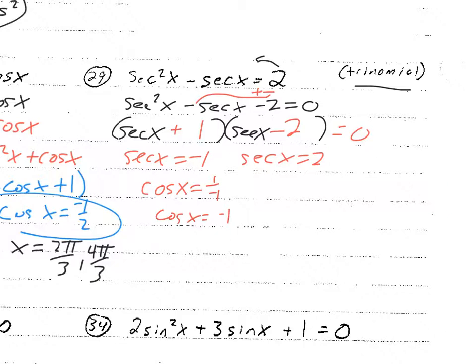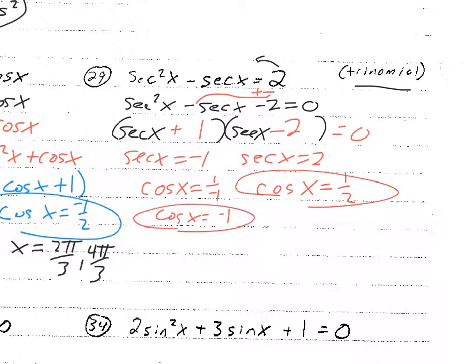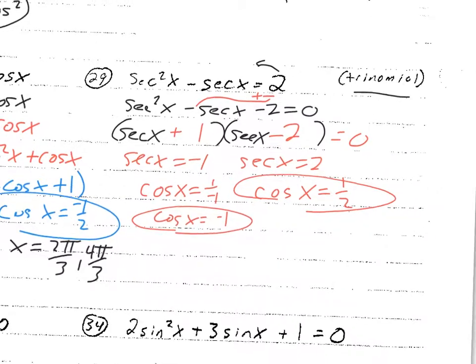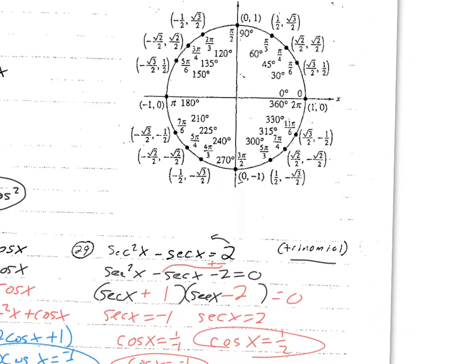And over on this other side here, I'm going to have cosine of x equals, the reciprocal of 2 is going to be 1/2. So these are the values I need to look up on the unit circle. So we're going to be looking up the cosine being -1 and the cosine being 1/2.